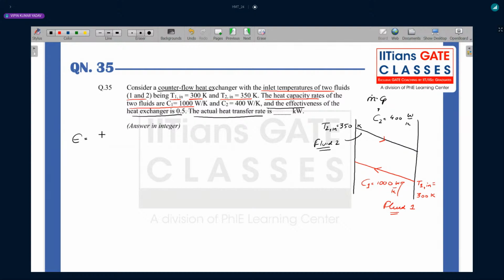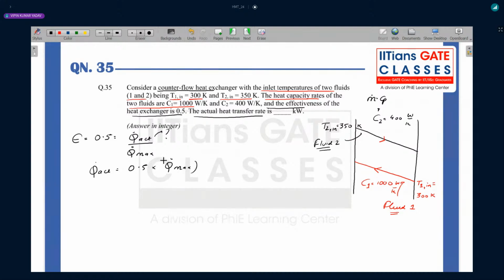Effectiveness is given as 0.5. But what is effectiveness? It is Q dot actual by Q dot maximum. And we have to find this. Okay. So Q dot actual will be equal to 0.5 into Q dot maximum.